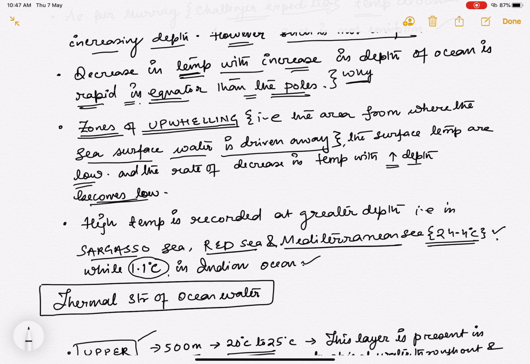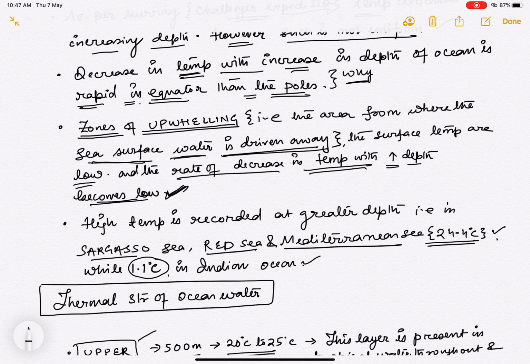Next, the zone of upwelling, that is the area from where the sea surface water is driven away. I have already said that the surface temperatures are low and the rate of decrease in temperature with the increasing depth becomes low. So in the upwelling, basically the warm water is pushed away and then the cold water from the bottom is brought up to the coast, as a result of which the temperature declines.